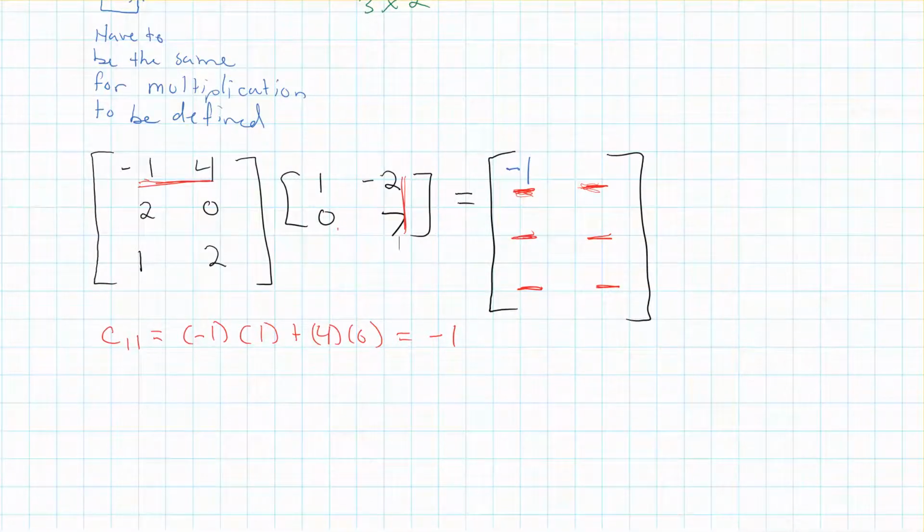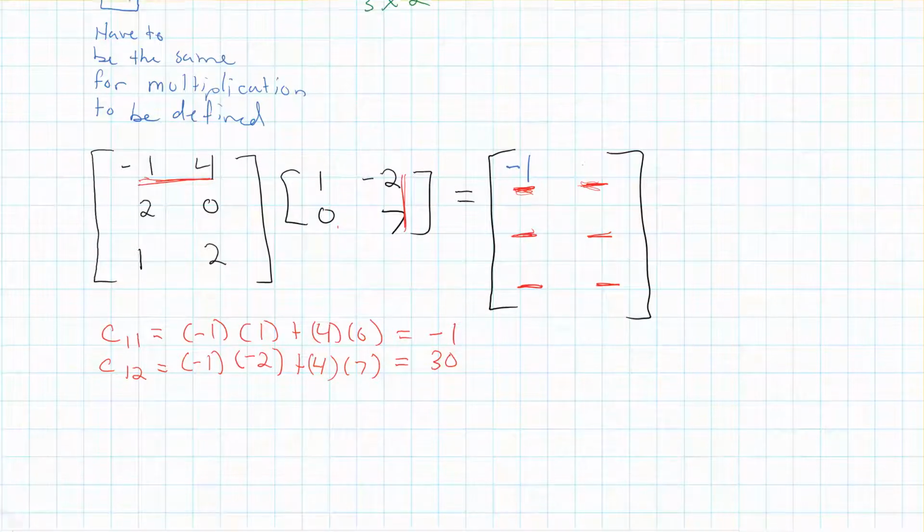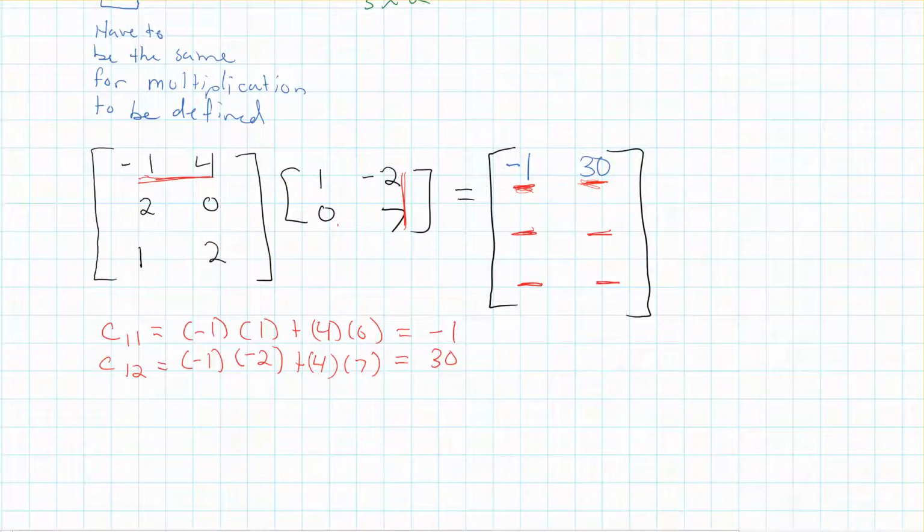So C12 is equal to negative 1 times negative 2 plus 4 times 7, which is positive 2 plus 28, which is 30. So again, what we do here is we would write that this is 30.